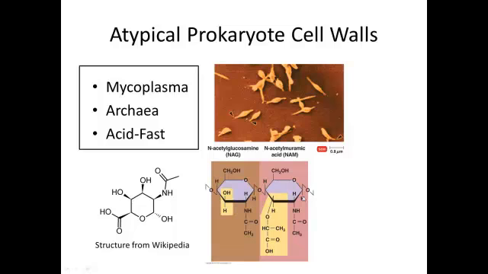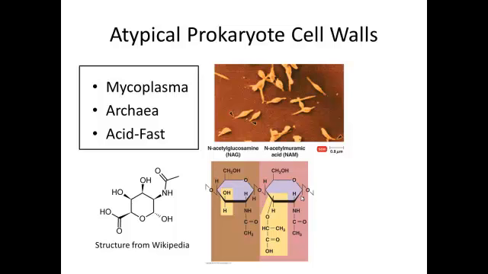Now, acid-fast bacteria, of which tuberculosis is caused by an acid-fast bacterium, and so is leprosy, form a waxy coat around their cell wall, and it's made up of a lipid called mycolic acid. Remember that fatty acids can have an acid group on the end of them.